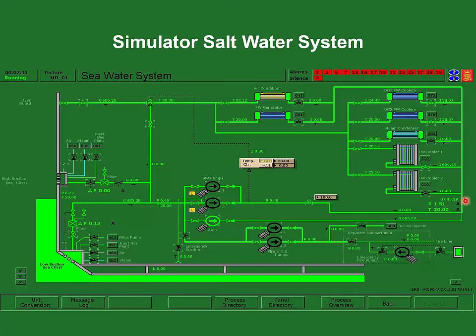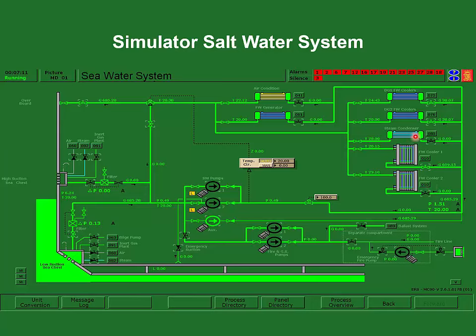The output of this goes to 2 big freshwater coolers. Only one of these coolers would be in service at any time, and these will have saltwater on one side, fresh water on the other. So that fresh water, which is treated distilled water, is what is cooling most of the components on the ship.